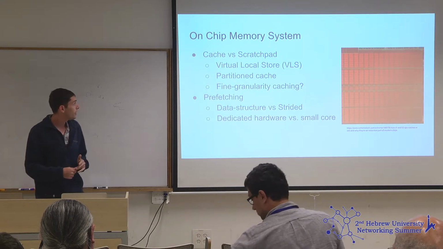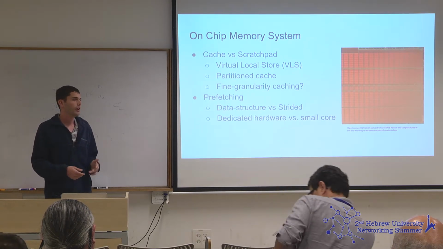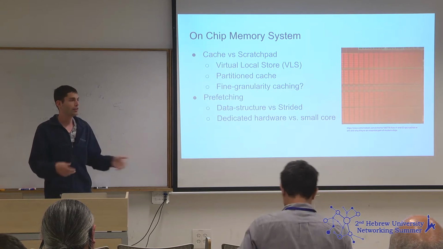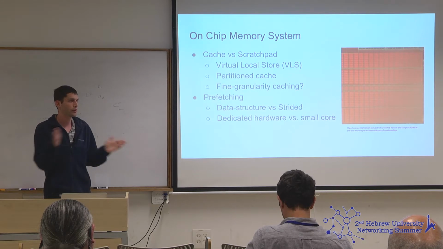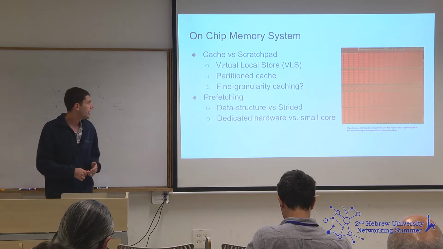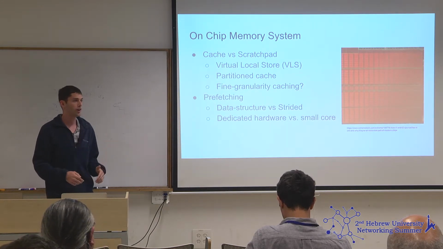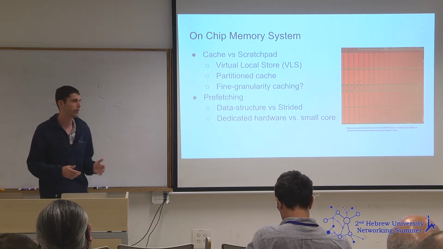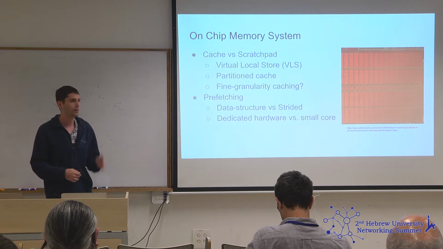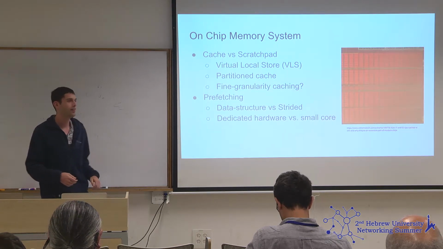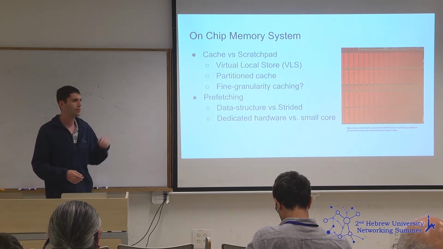We also thought about fine granularity caching, because vertex IDs and edge IDs are usually small, so we don't need the entire 64-byte cache line. We can use smaller elements. And prefetching, which is a very wide research area in computer architecture in general and in graphs in particular. I think there was a paper from Technion a couple of years ago about context-aware graph prefetching.